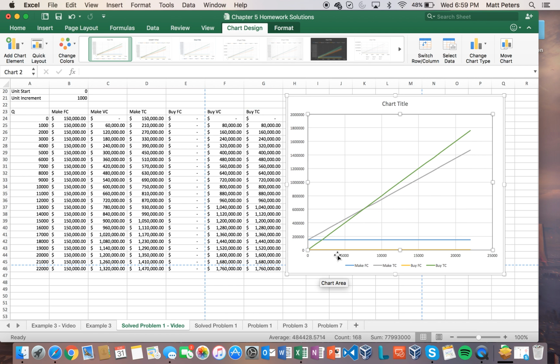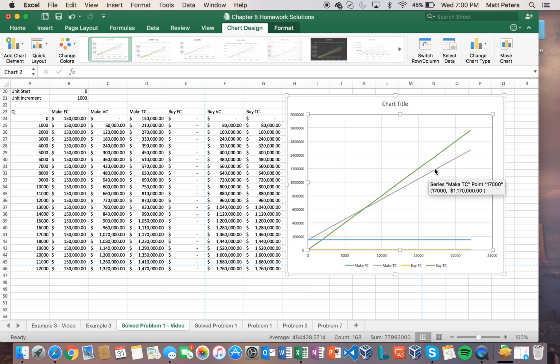There. Okay, so what you're looking at here, the green line is our cost to buy the pies. I'm sorry, these aren't pies. The piece for the vending machine. The green part is to buy it.